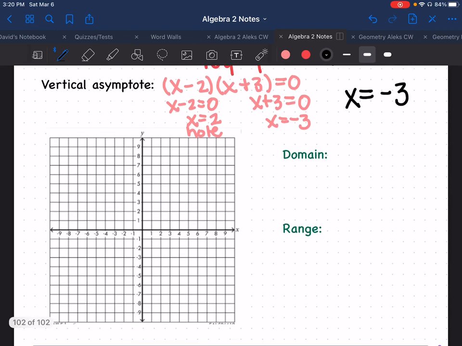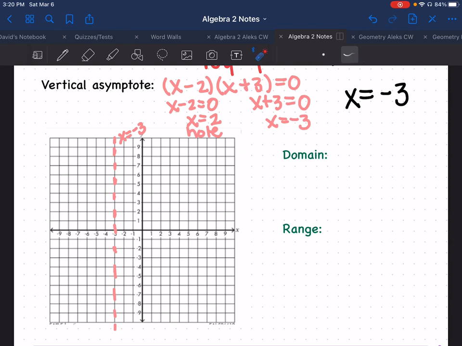All right, here we go. So my vertical asymptote is at x equals -3. There's going to be a hole when x is equal to 2. So all we did was we went into the equation and we did f of 2 to find it.